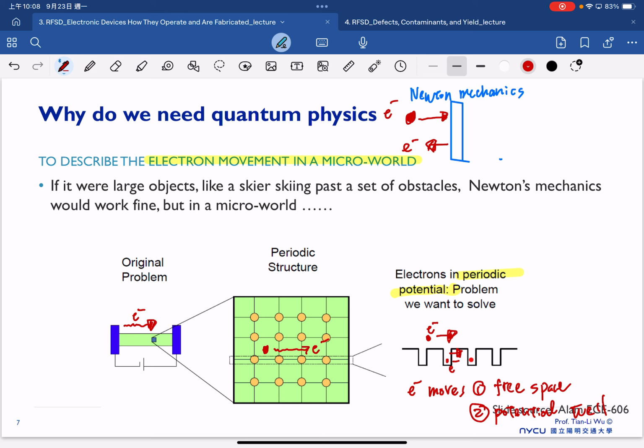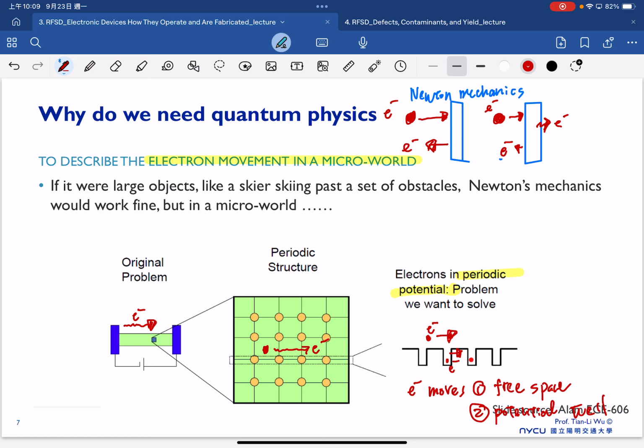So now the conclusion from quantum mechanics is telling us that once you have electrons moving toward the wall, of course first we have the reflection, and then second, not only reflection, we find that there is a possibility that an electron can tunnel through the wall here.